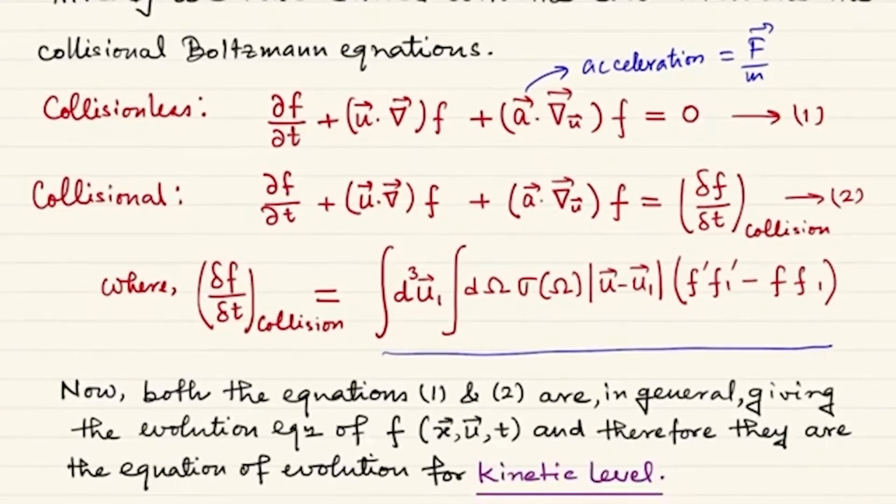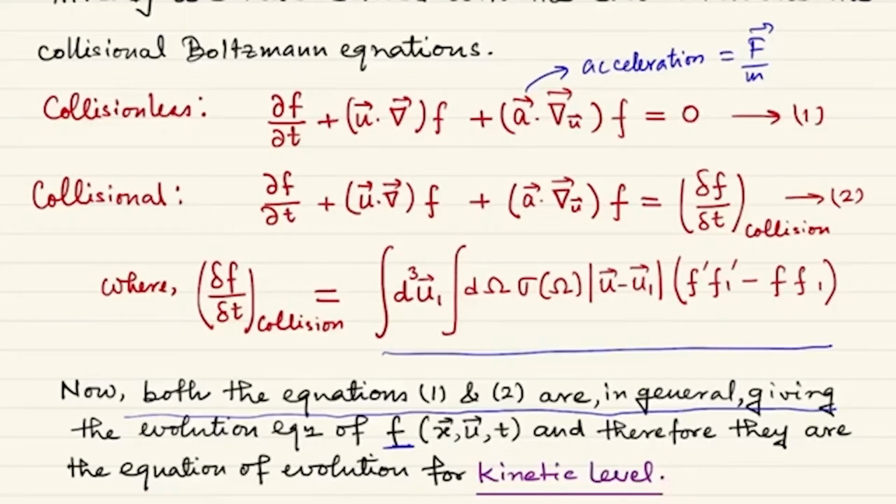Now, both these equations, 1 and 2, in general give the evolution equation of f. Therefore, they are the equations of evolution at the kinetic level.